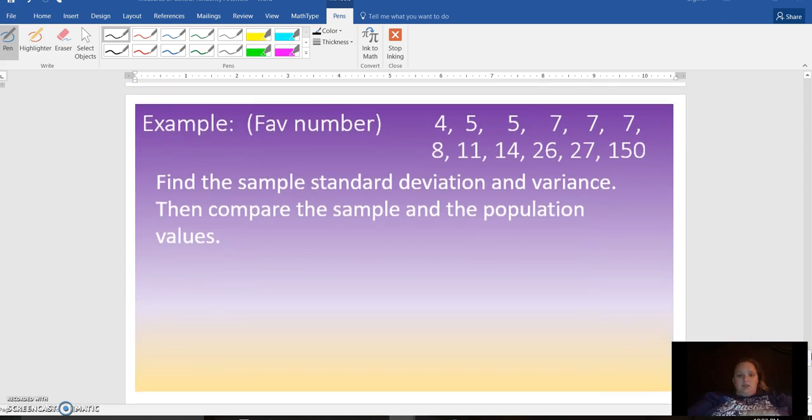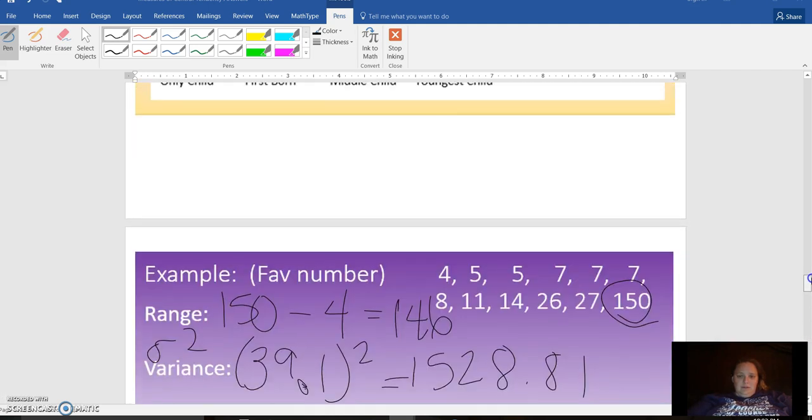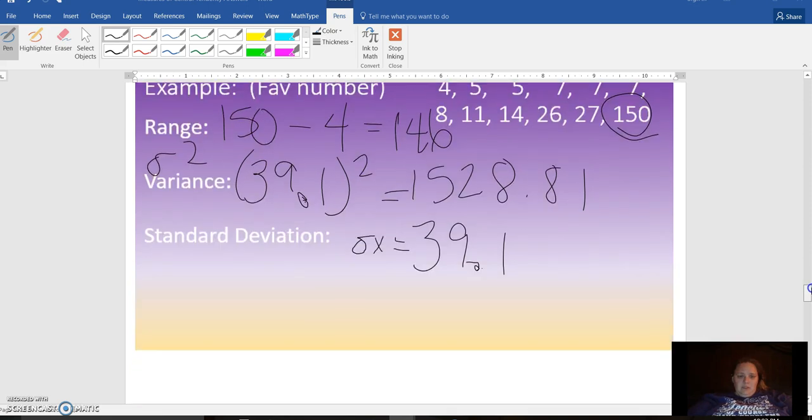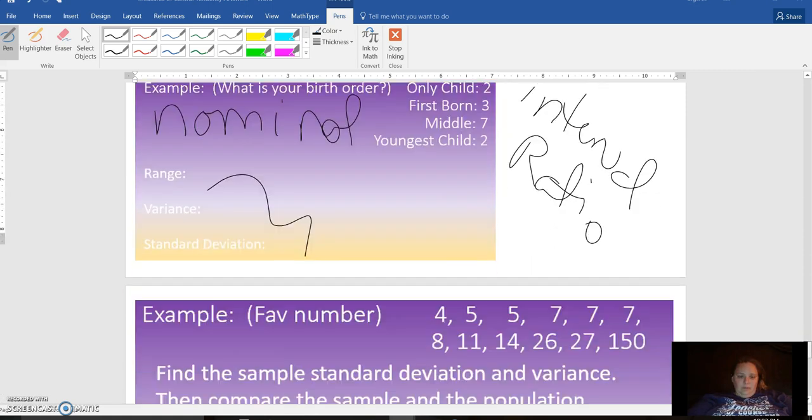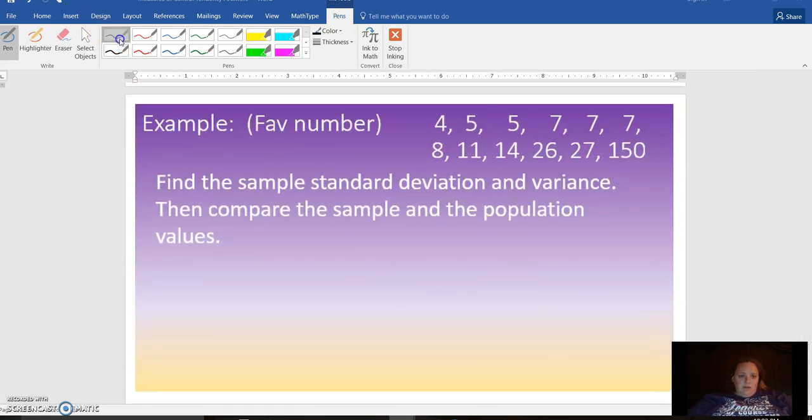So let's go back to this data. And we had found 39.1 was the... And so when we type in our data in our list, that's why I wanted to put them in two different lists.